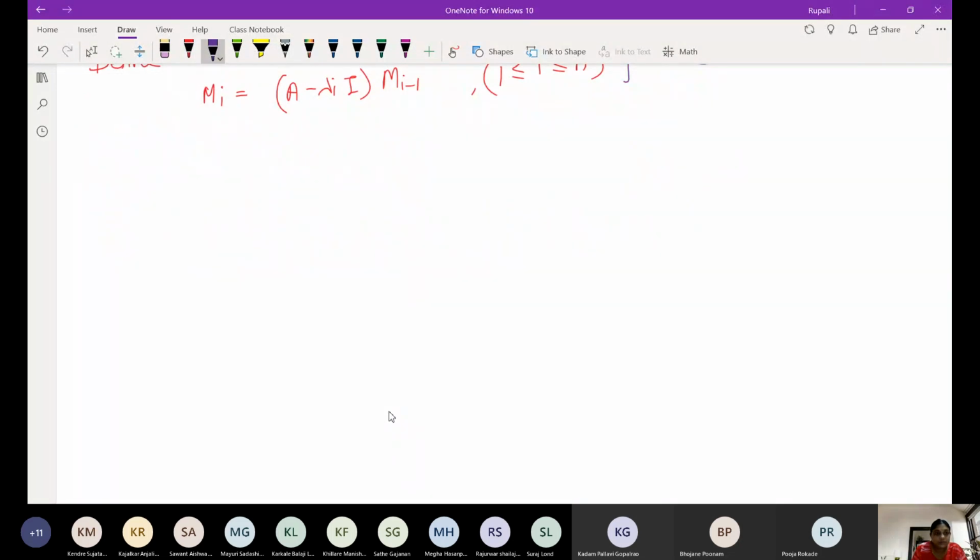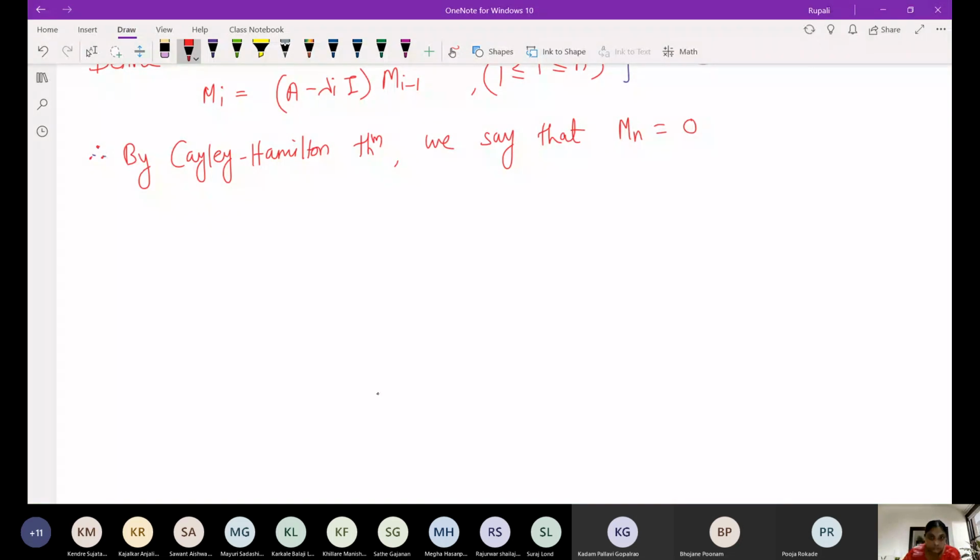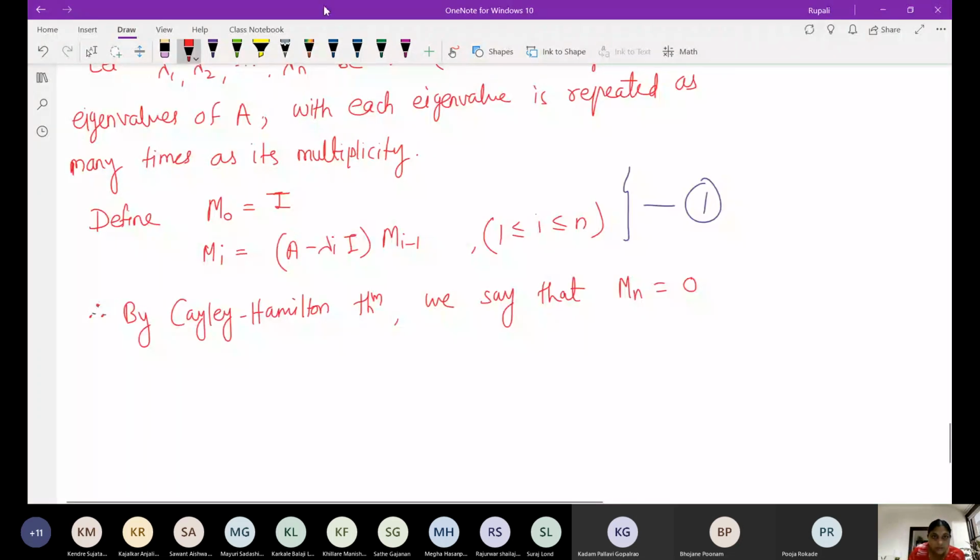Then, by Cayley-Hamilton theorem, we can say that Mn must be 0. How can I say this?